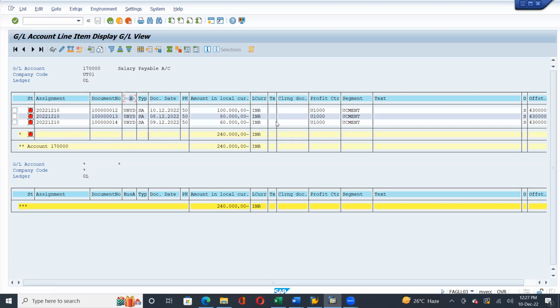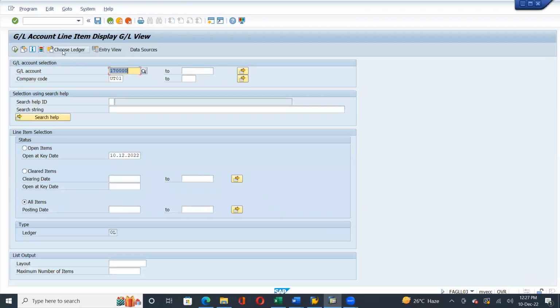Here I don't want to see in 0 ledger, the standard ledger. I want to view with the UX ledger, nothing but the IFRS ledger. So what you can do is, what is the other ledger we have? Here, select the option choose ledger.